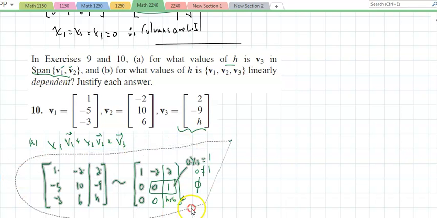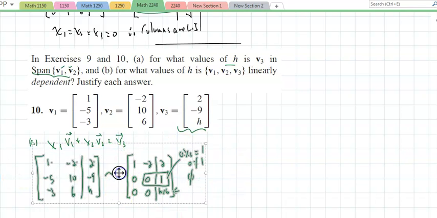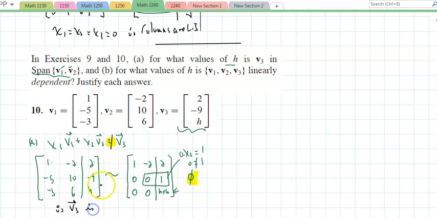If there's no solution, that means the original assumption is not true. Therefore, for what values of H is V3 in the span?